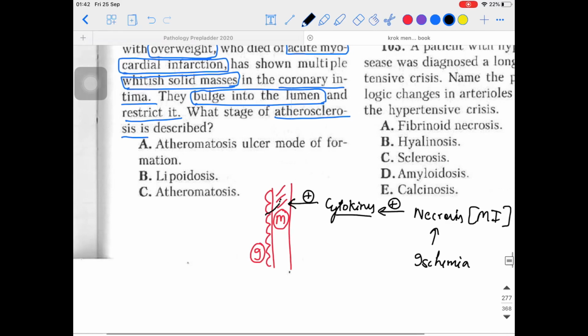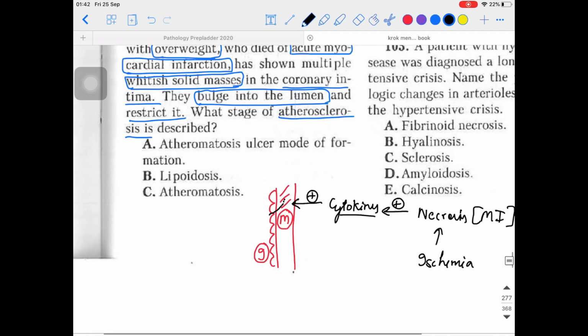Okay, I hope this is making sense. So necrosis will be stimulating the cytokines. Which cytokines am I talking about? Macrophages, right? Along with that, monocytes will be jumping into the tissues, then converting themselves into macrophages. So macrophages, and neutrophils can be there too, so I can write neutrophils over there.